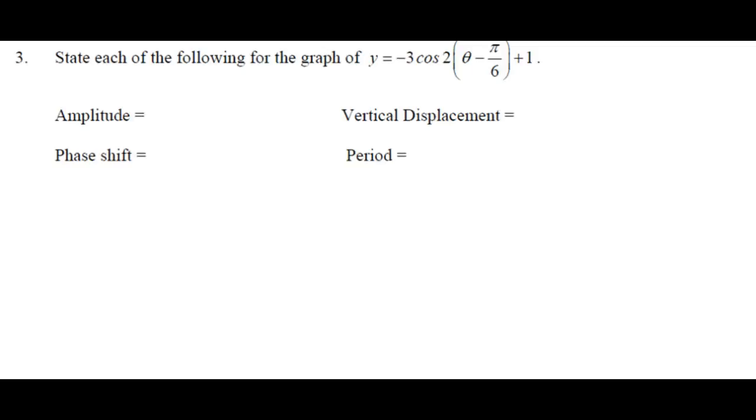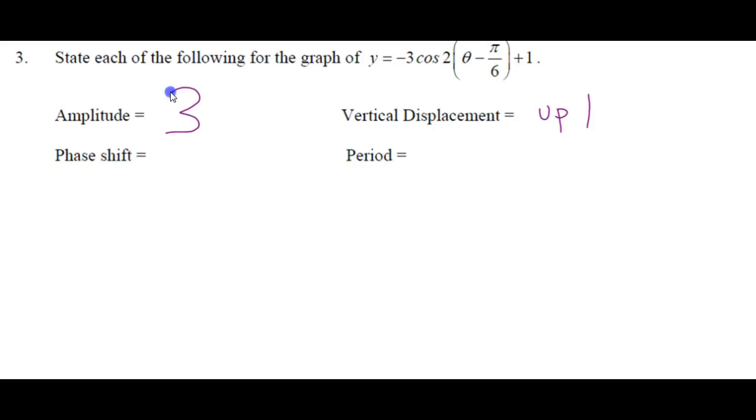For each of the following, we've already kind of done this, but what's the amplitude? 3. Why not negative 3? It's always positive. Amplitudes are always positive. Vertical displacement: up 1.